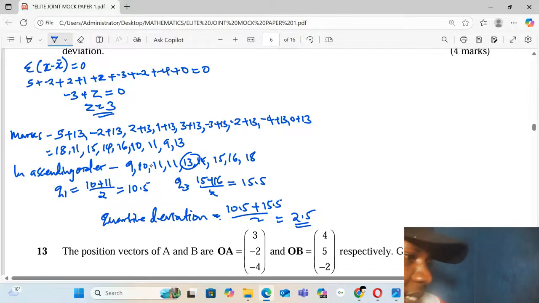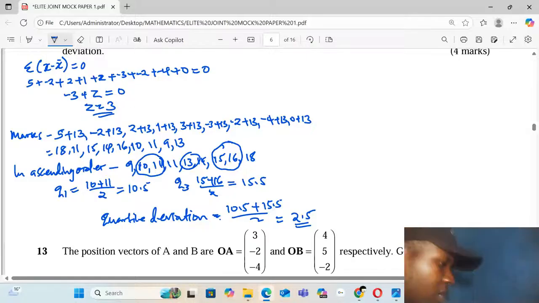The middle numbers are 10 and 11, so you take 10 plus 11 divided by 2. On the other side, the upper quartile, from 14, 15, 16, and 18, the middle numbers are 15 and 16. Add them, divide by 2, and you get Q3. Then you get your quartile deviation.